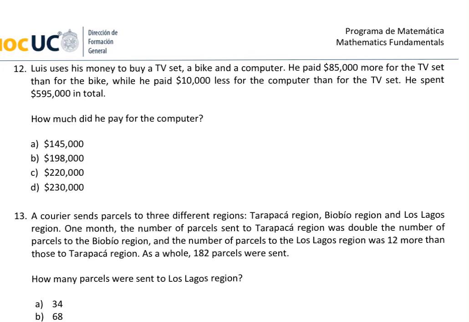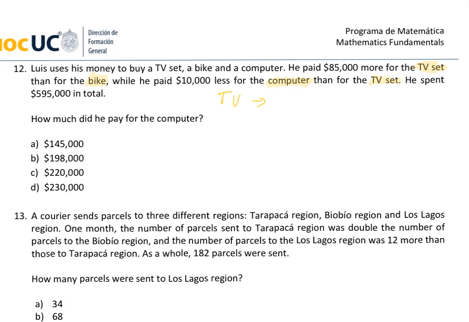So, let's see. The TV set refers back to the bike, right? So kind of the TV set depends on the bike. And then the computer depends on the TV set.